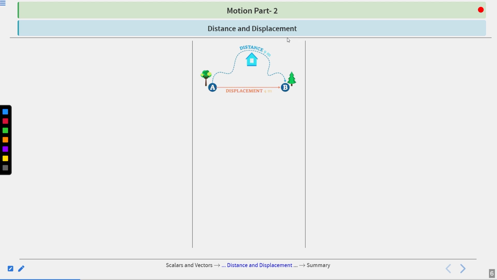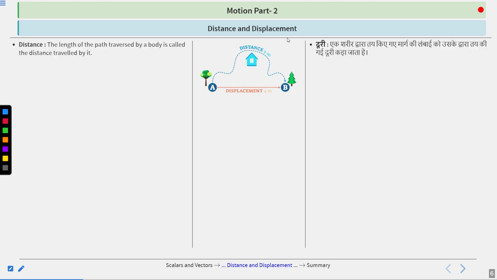If we really want to understand it, we must understand it with some scientific facts. Distance first. The length of the path traversed by a body is called the distance traveled. Like here, if you look at this picture, there are 2 points, A and B. Here you can say A covered this distance to reach B. Distance is 9 meters, right?